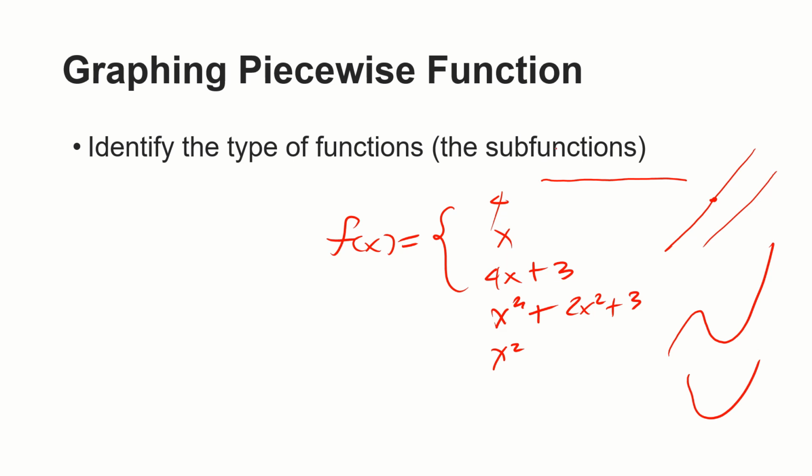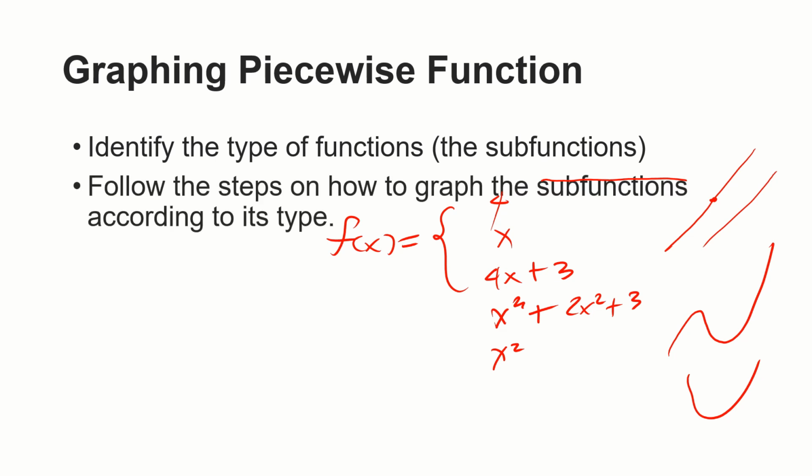So therefore, it is important that you identify the type of function of the different subfunctions, because the following step is for you to graph these subfunctions according to its type. So different types of functions have different ways of graphing.